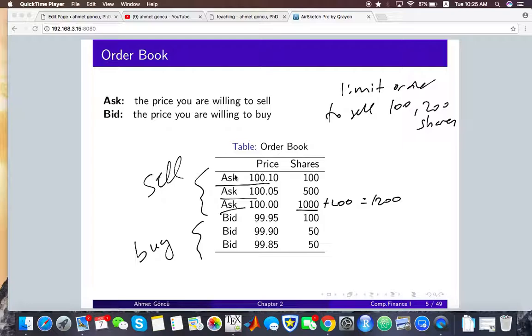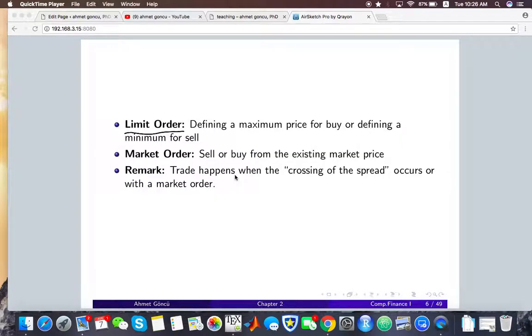Similarly, if you give a limit order to buy, it will go to the appropriate section depending on the price that you enter, and it will update the order book. So this is how the limit order works.